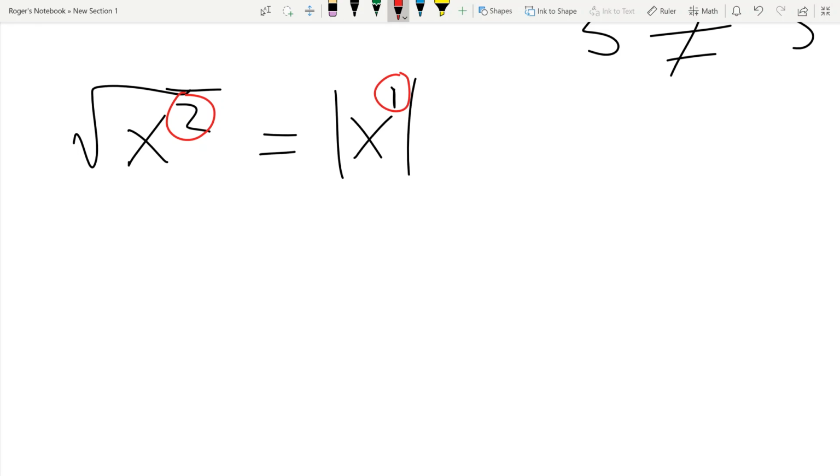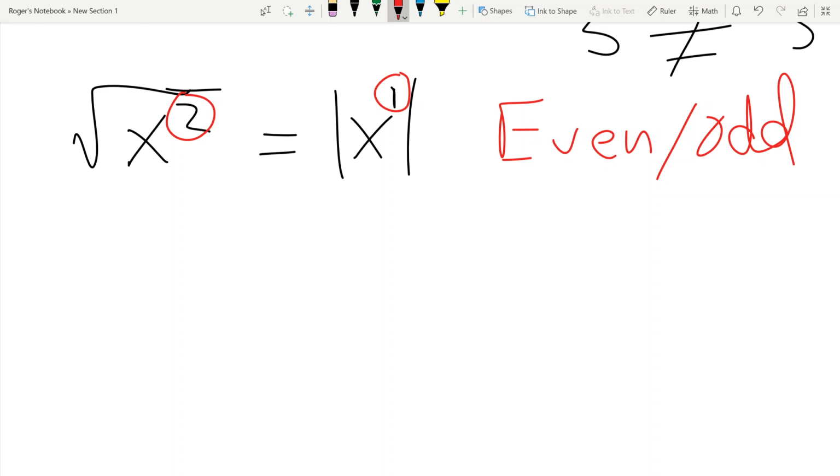Even power and odd power. When you have an even and an odd, you have to throw absolute value signs around your simplified expression, otherwise it would not always be true. So if you have the even-odd combination, watch out. Then you need absolute value signs.